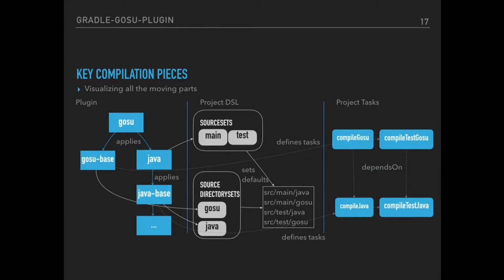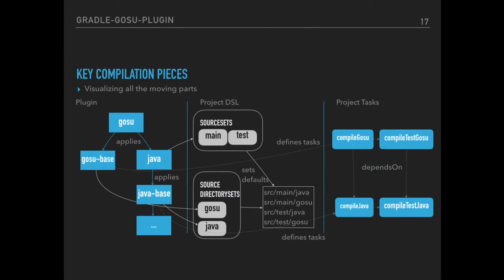Now, the plugin will combine the source sets and source directory sets to give you your default locations to look up files. So that's where the source main Java, source main Gosu, source test, etc. That's where your defaults all come into play.